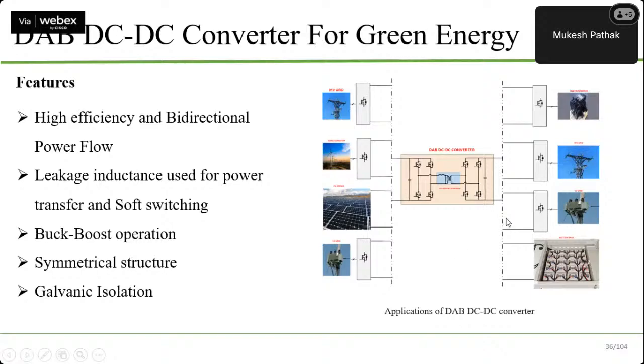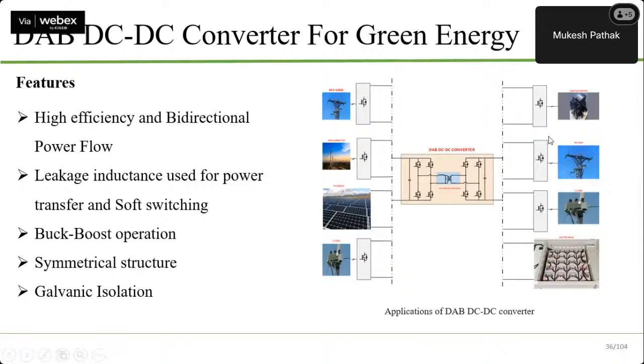Similarly, on the output side, you can feed different loads either directly through the available DC here, or you can convert it into the desired level of output. So this will have high frequency, high efficiency, and bidirectional power flow.